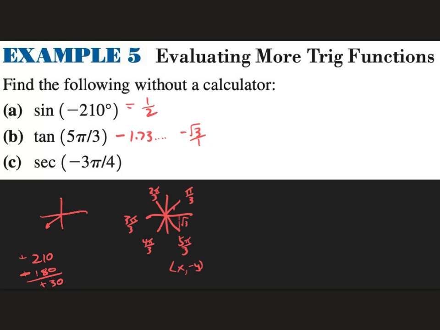The secant is the inverse of the cosine, not the cosine inverse, but the cosine x to the minus 1, which gives us 4 over 3 pi. And we saw that was in quadrant 3 from the last one. And so it's the same thing, but now it's the x value.